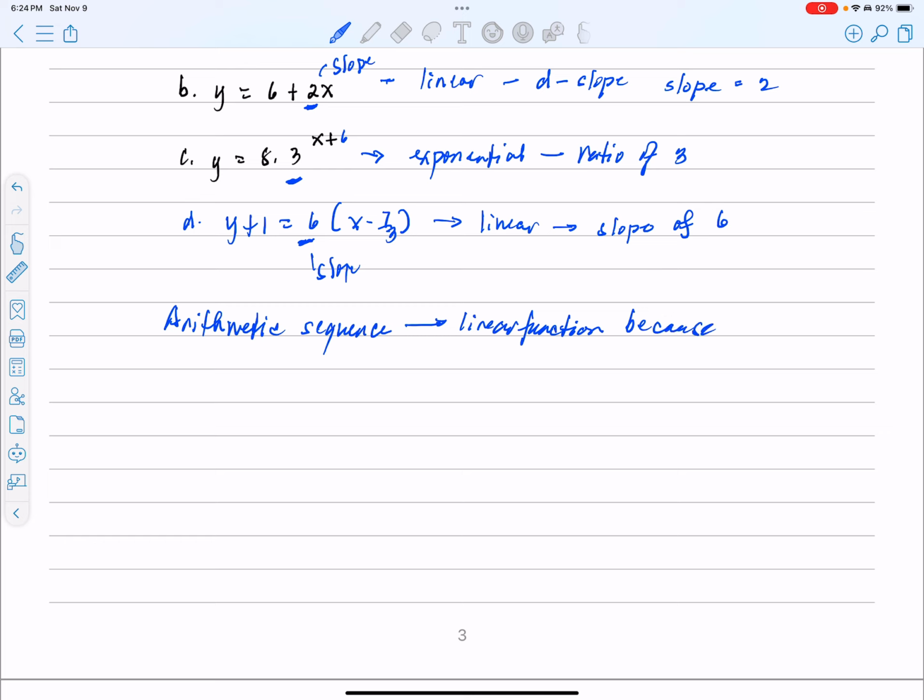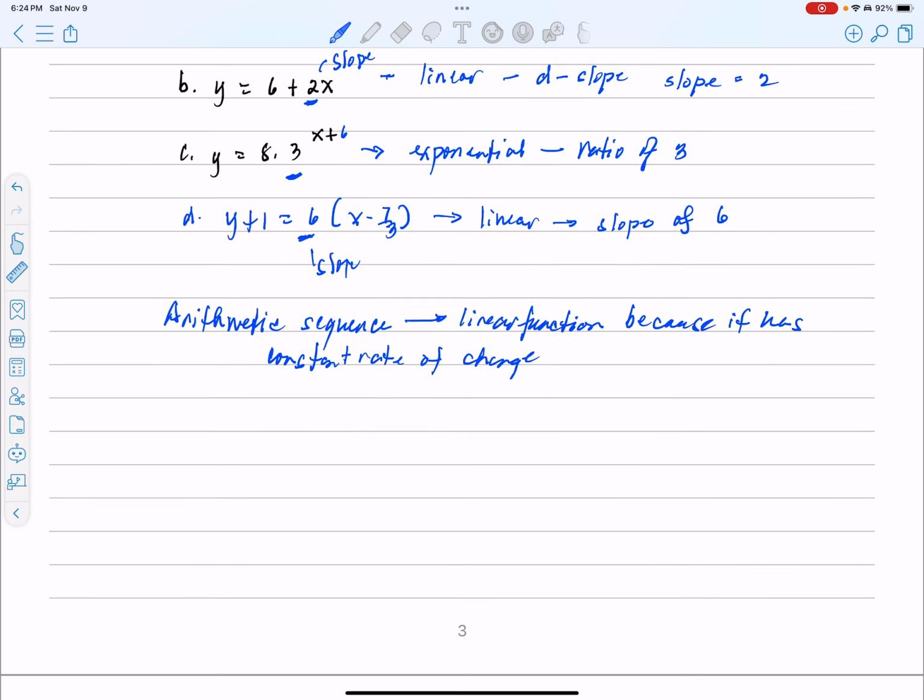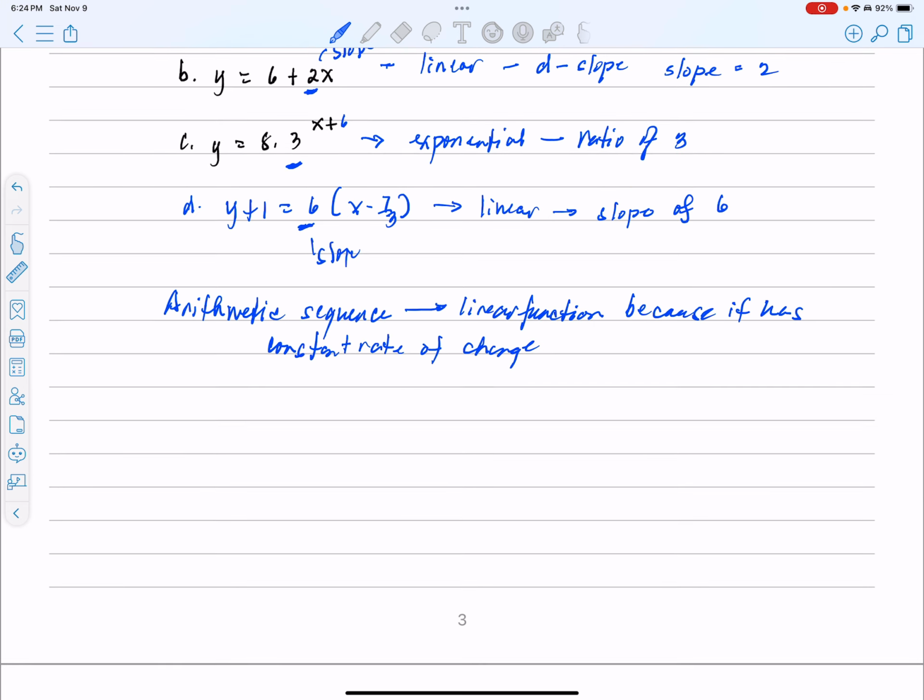This is the main point in our topic for today. It has a constant rate of change. When the first term and common difference are known, then you could say a sub n equals a sub 0 plus d times n.